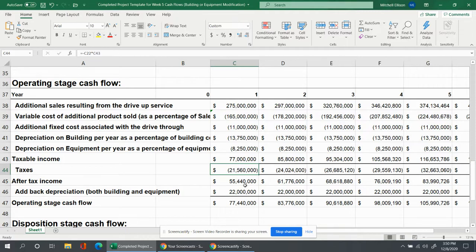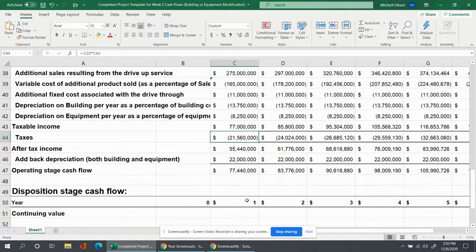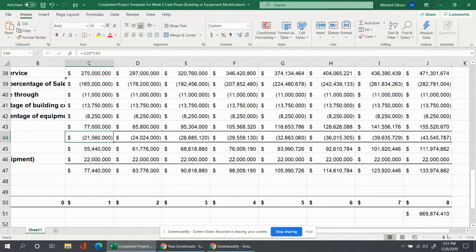And so we expense it over the years, and that reduces our taxes. But if we've already counted it in year zero, it'd be wrong to count it twice, and that's why we add it back. So this gives you operating stage cash flow of $77,440,000. Your disposition or continuing value cash flow is out here in year 8.